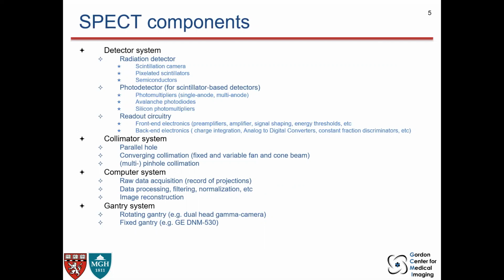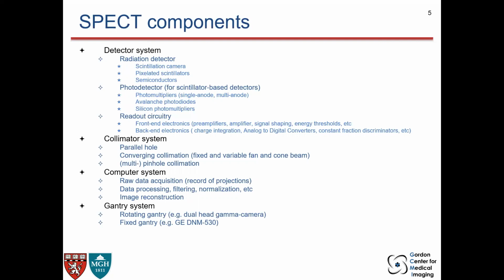Within the detector system, we have the radiation detector, and a photodetector if the system is based on a scintillation detector, to convert the scintillation photon signal to an electrical signal. Then you have readout circuitry to process the electronic signal from the photodetector, and then post-processing and preparing for reconstruction.